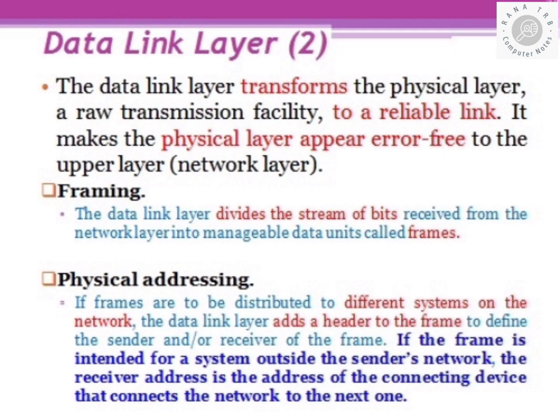Physical addressing: if frames are to be distributed to different systems on the network, the data link layer adds a header to the frame to define the sender or receiver of the frame. That is, if the frame is intended for a system outside the sender's network, the receiver address is the address of the connecting device to the next network. So they are adding the sender and receiver addresses to the frame, that is the header.